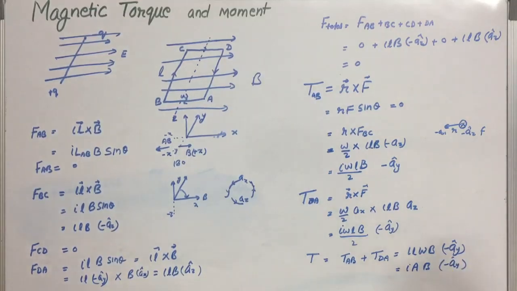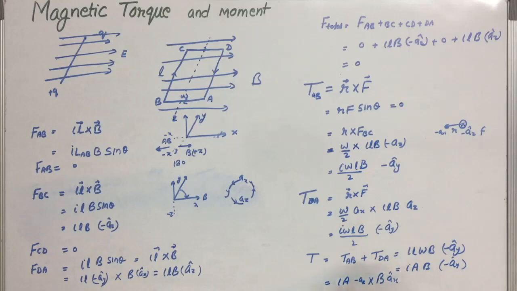Now, if we reform this mathematical statement in such a way that the direction remains minus AY, for that purpose we can write IA times minus AZ cross B in the direction of AX.